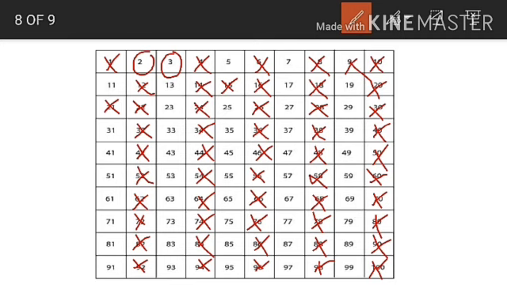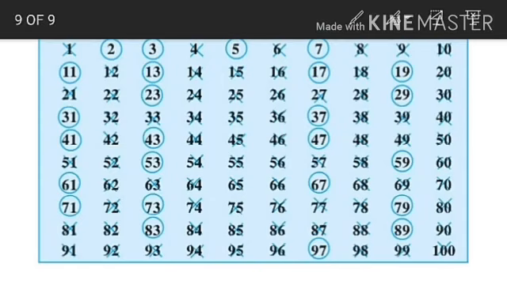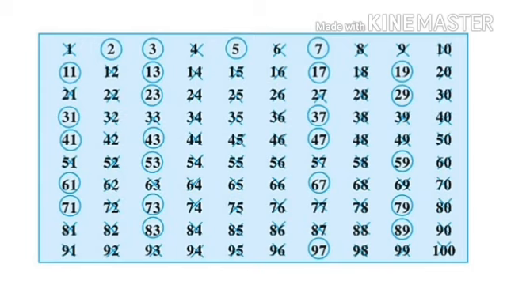When we continue this, we will get this as the answer. All the encircled numbers are prime numbers, and all the crossed out ones other than 1 are composite numbers. This is the method used by the Greek mathematician Eratosthenes. This method is called the sieve of Eratosthenes.